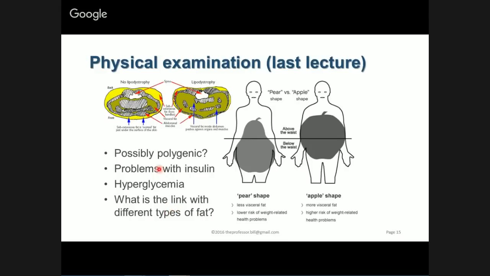And this fat deposition. So if we take a look here on the left, you'll see that in yellow, this is where an individual has fat. Overall, their waist circumference is the same. They might have the same waist circumference. But these two individuals are dramatically different. They might not look like they're overweight.